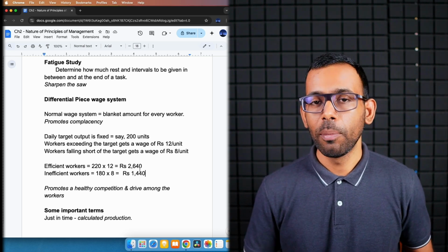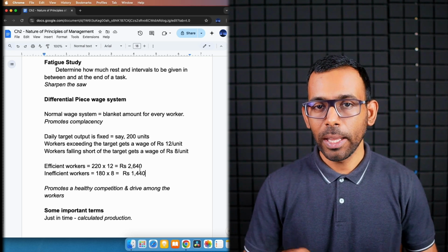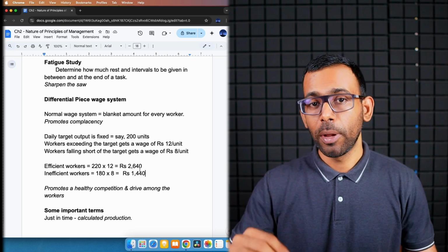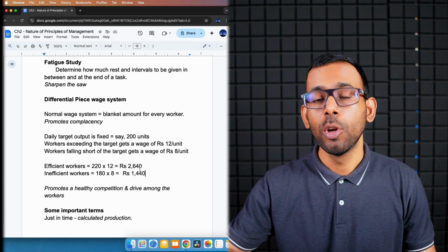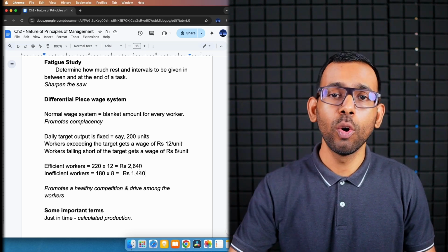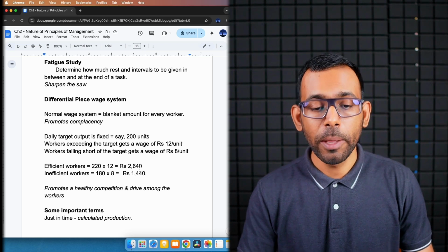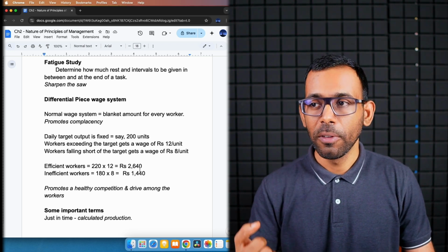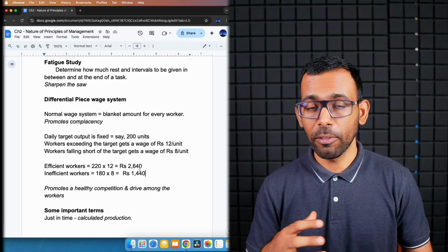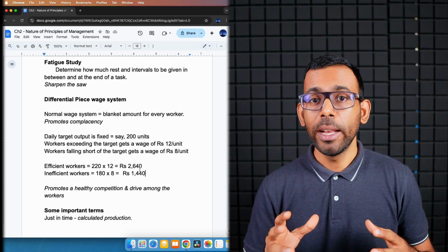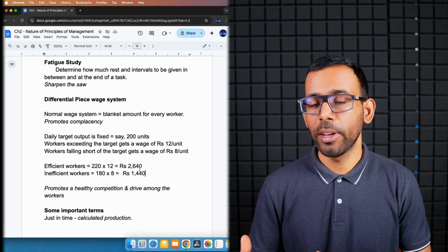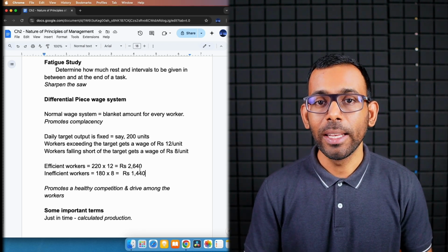Now what will happen? This inefficient worker will eventually get to know that they made only 1440 per day, but there are some other people who are working much better than them and they are taking home 2640 per day. So this will sort of drive that competition factor into them, and they will also start to feel that, okay, let me see how I can shape up myself so that the next day when I come, my output will increase.